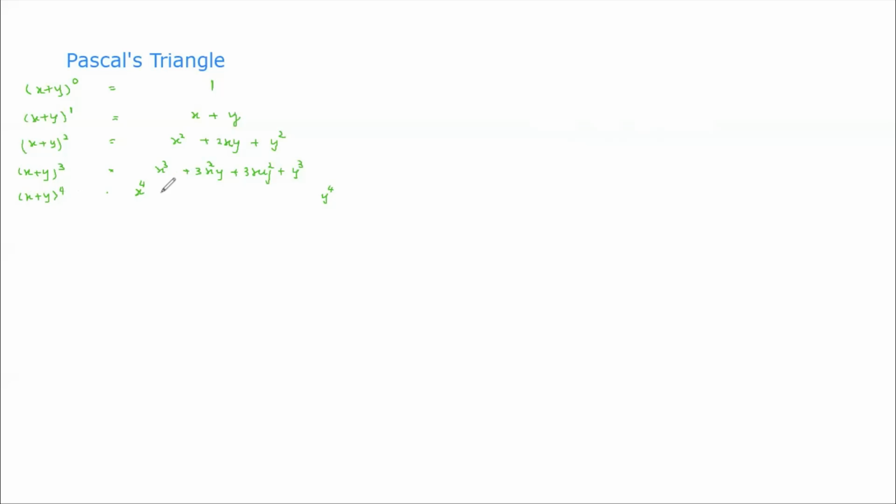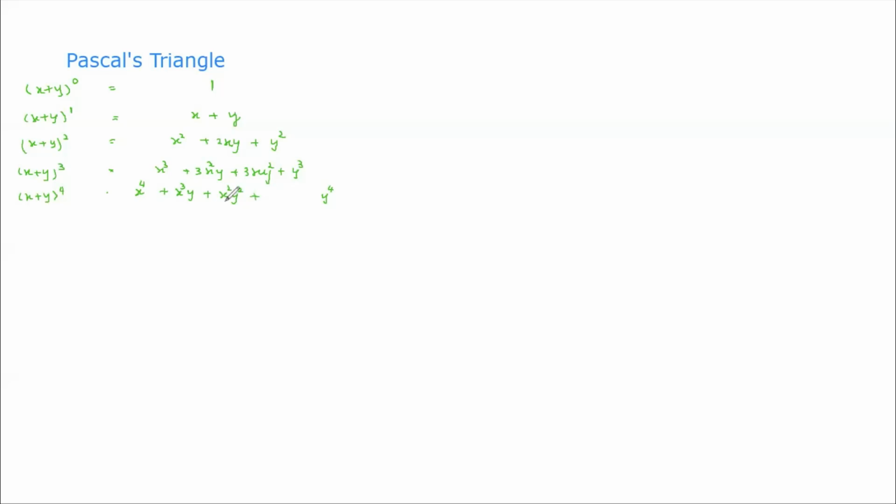Then you can observe, you line them up in order of index. X power 4, next should be x power 3, decreasing down, so y becomes 1. Next, plus x power 3, and next is x power 2 and y power 1, this y is going to be power 2.